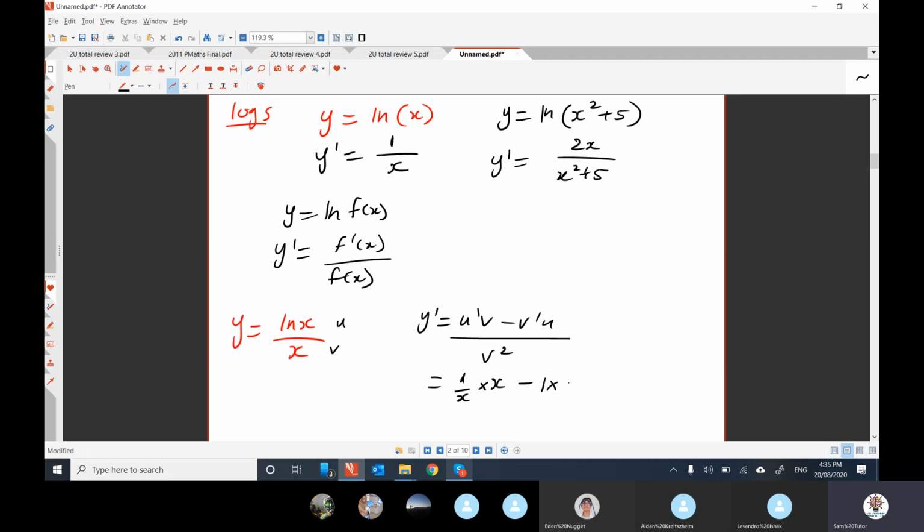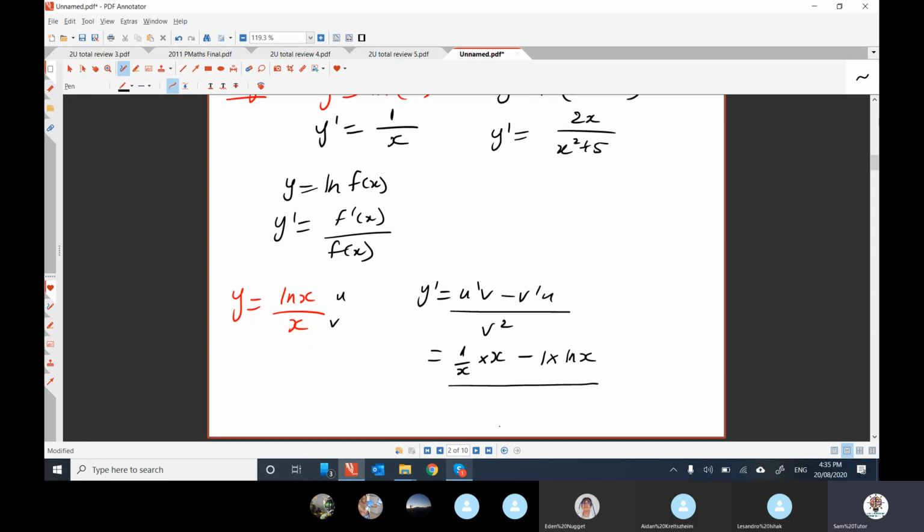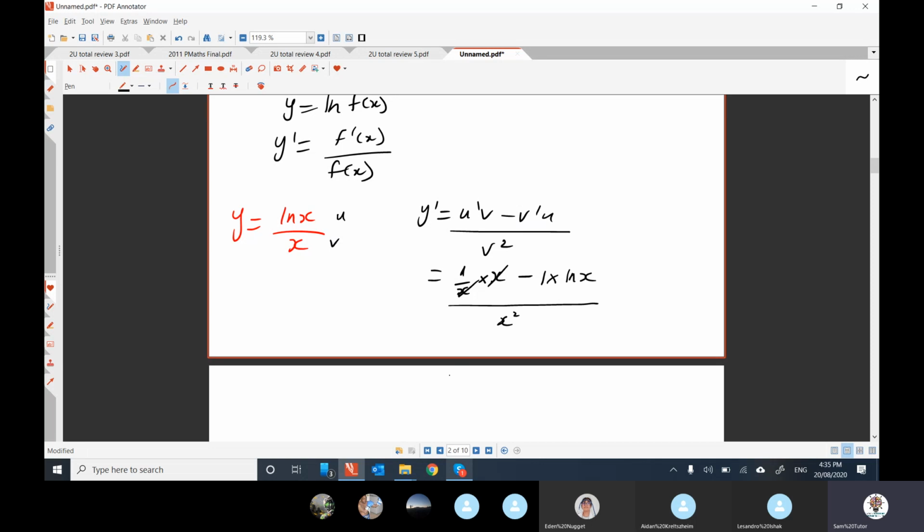It would be x or ln x. Ln x. Yeah, look, u is ln x. Okay. You can make it easier for yourself. You're making it harder. All over x squared. What happens to these two x's? And then your answer is 1 minus ln x on x squared.